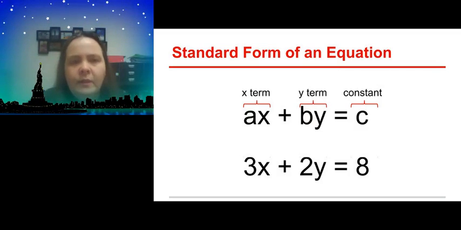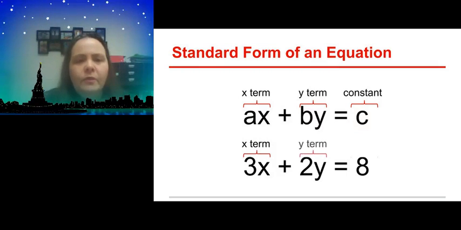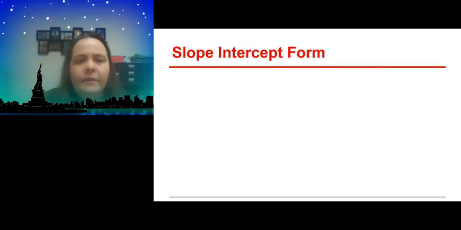This should look sort of familiar to you, maybe not completely, but a little bit. In this one, 3x is our x term, 2y is our y term, and 8 is our constant. Knowing how we're going to refer to these is only important for when we talk about how we rearrange this equation.